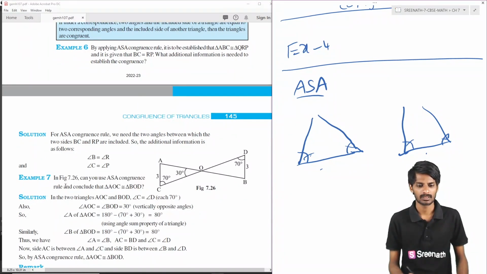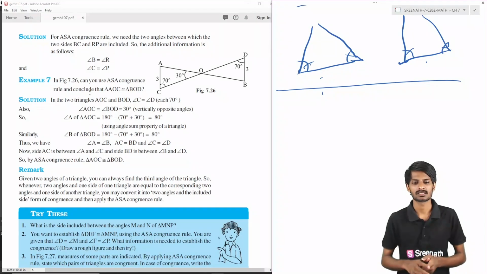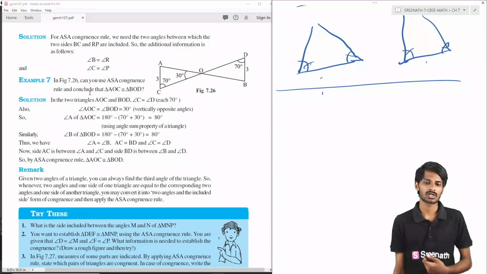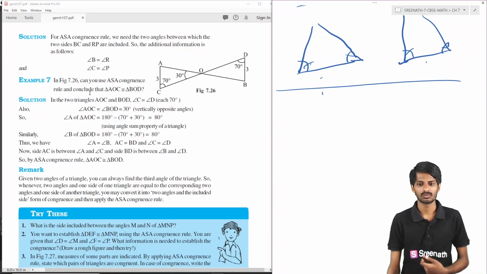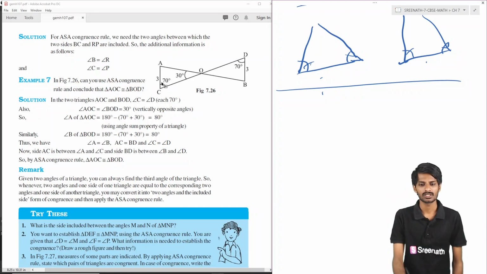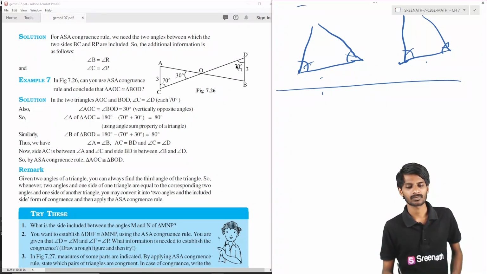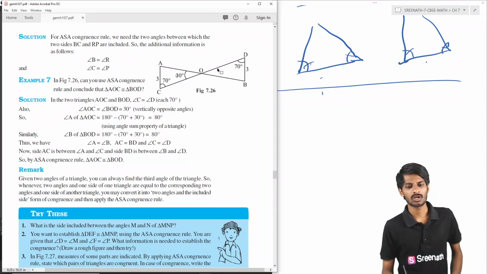So we will do example 7. In figure 7.76, can you use the ASA congruency rule and conclude that triangle AOC is congruent to BOD? So what are we going to do now, students? If you see the two triangles AOC and BOD, angle C is equal to angle D, and angle AOC is equal to angle BOD because vertically opposite angles are equal. So two angles are equal.